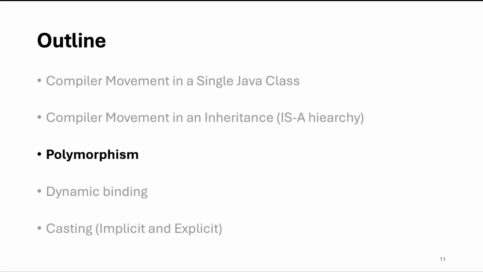If we do not understand this compiler movement, then when we try to create multiple objects from parent to child and child to parent in the concept of polymorphism, the understanding becomes difficult. So it is important. In this context, I have first covered the compiler movement. Now let us look at polymorphism.